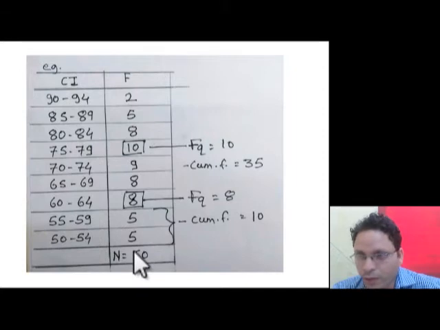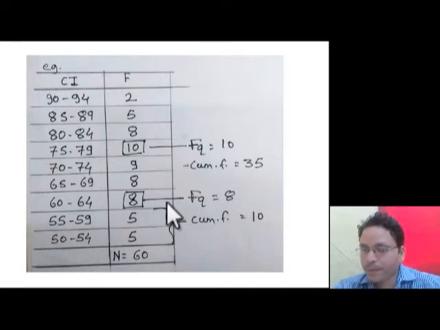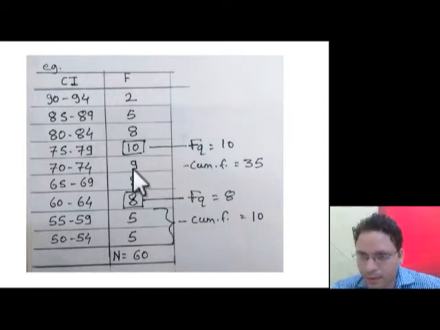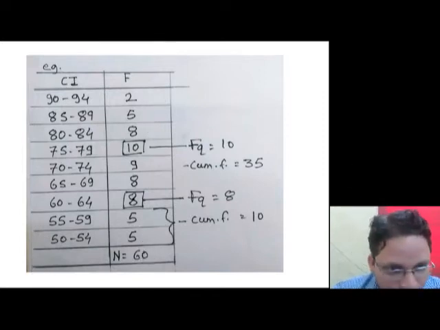We want to know the value of n upon 4 and 3n upon 4, and we need the cumulative frequency and f. We only have the class interval and frequency table. Now see how to do this.